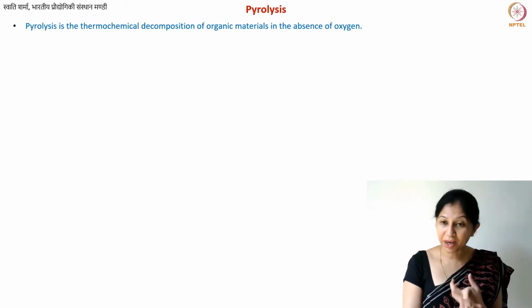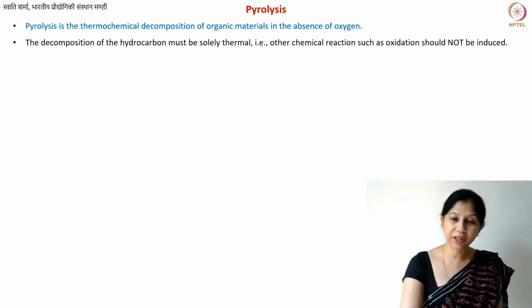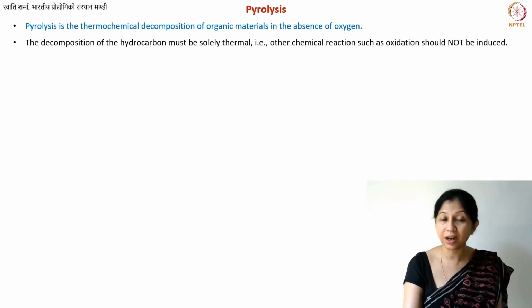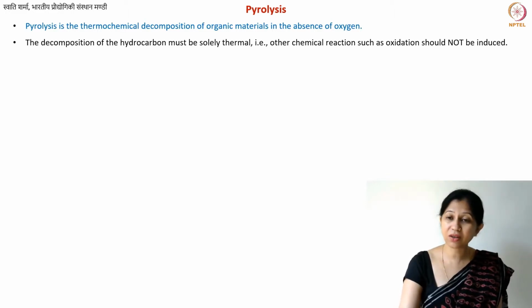But at a chemical level, the definition of pyrolysis is the thermochemical decomposition of any organic material, and that must happen in the absence of oxygen. Okay, why is it so important that we don't have oxygen? To prevent burning, yes, but by definition, this thermochemical decomposition must be solely thermal.